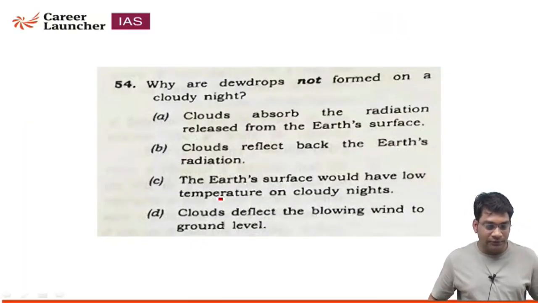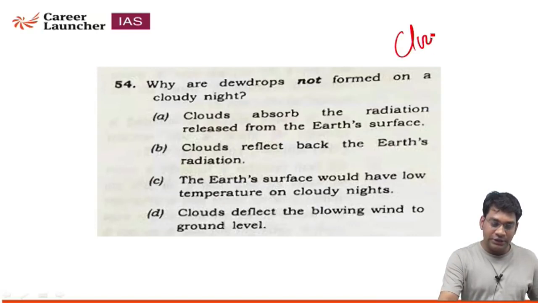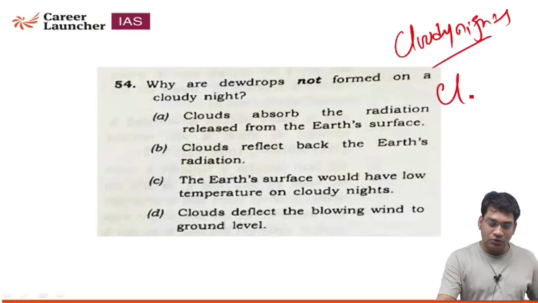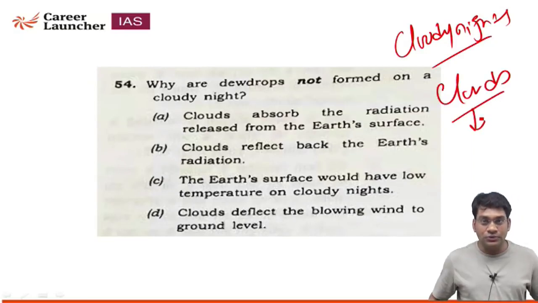Question number 54, why are dew drops not formed on cloudy nights? See, during cloudy nights what happens? Because of the presence of cloud, the cloud will absorb radiation that is emitting from the earth's surface. Wherever a cloud is present, it will re-radiate the radiation emitted from the earth's surface back toward the earth.